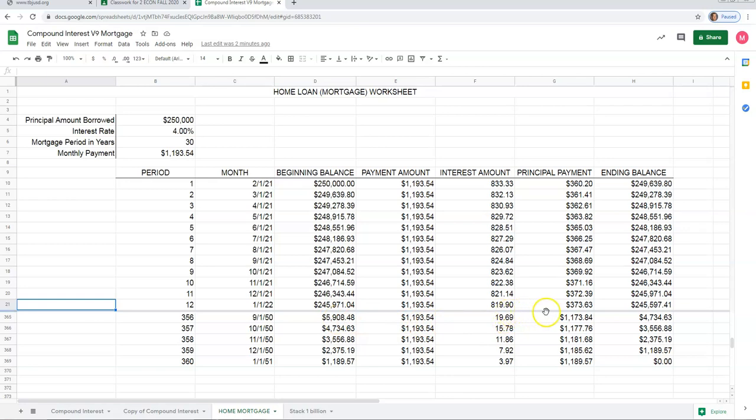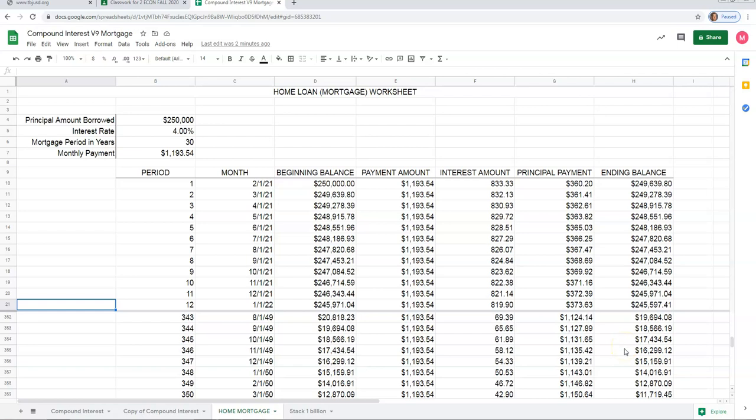Most of your payment is going to paying off the loan. That is the feature of a home loan or a mortgage. Same payment, interest amount decreases over time, the principal payment, the amount actually going to pay off the loan, increases over time until eventually the loan is completely satisfied. It is at 0.